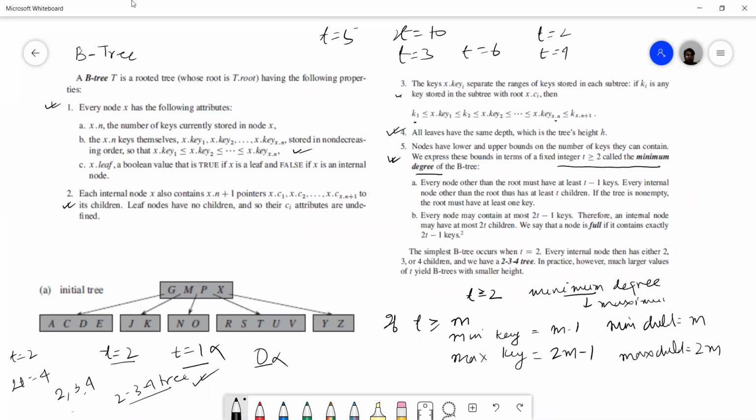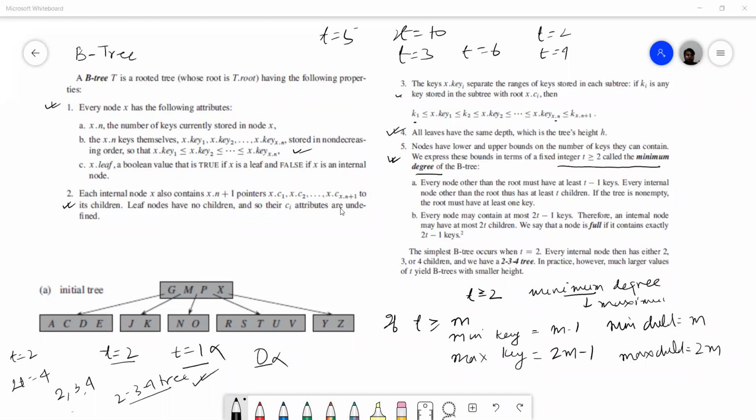So Coreman assumes that it will always be even. Okay, class. I hope this is clear.